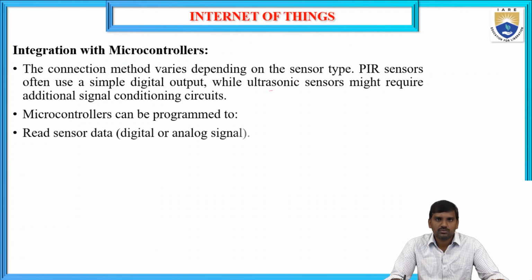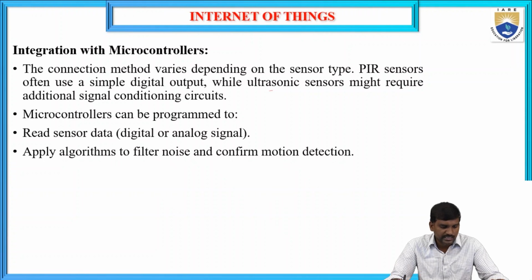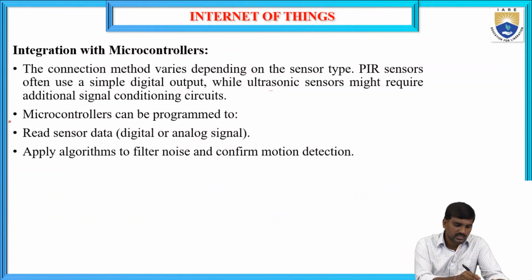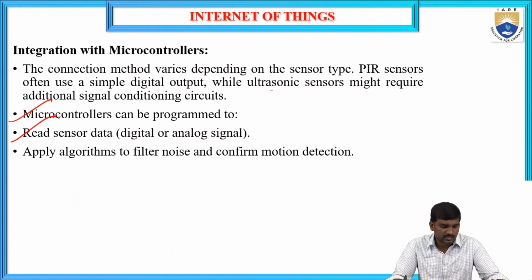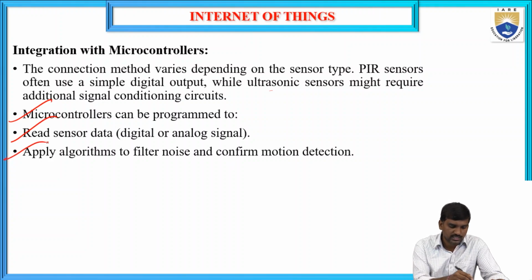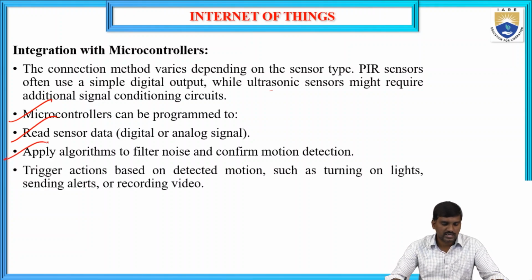Microcontrollers can be programmed to read sensor data, apply algorithms to filter noise and confirm motion detection, then trigger actions based on the detected motion, such as turning on lights, sending alerts, or recording video.